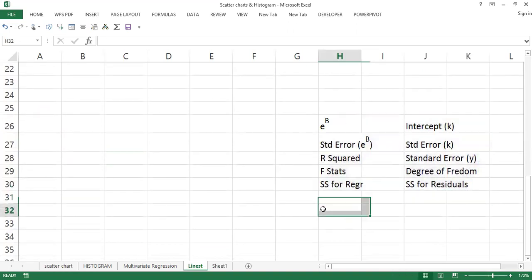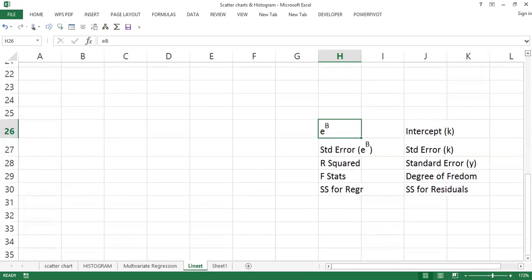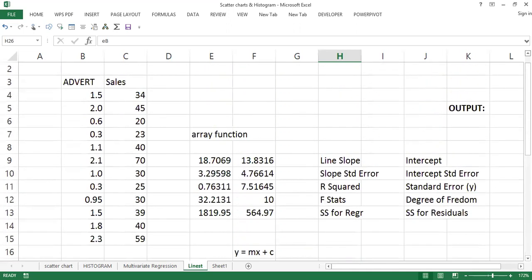This is the slope coefficient, this is the intercept, and R squared, just the same thing.